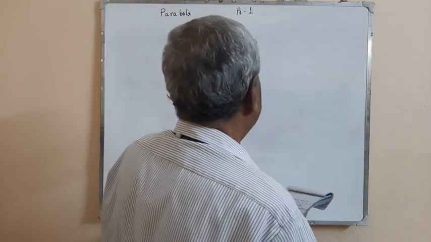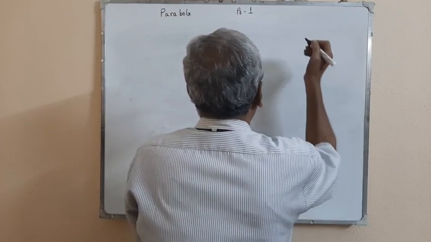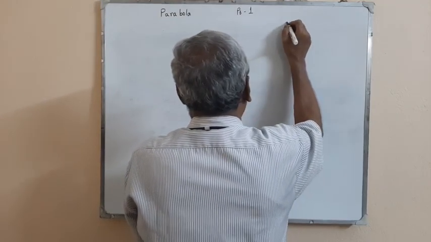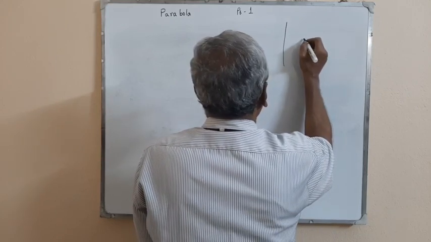The definition of a parabola: in a plane, suppose there is a fixed straight line and a fixed point.